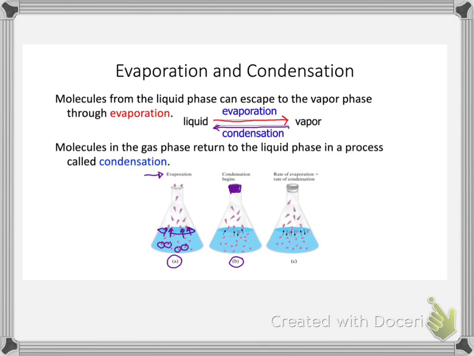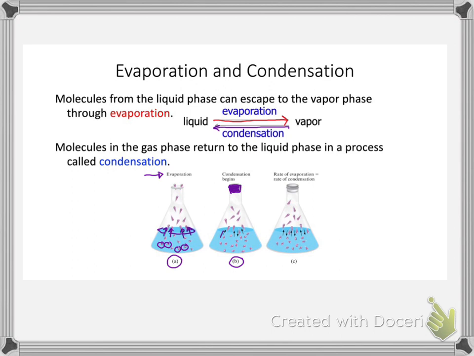But if it loses some energy, whether it collides with another molecule, whether it collides with the sides of the container, whether in its motion it simply goes right back down and hits the liquid, if that vapor loses energy, then it will go from a vapor back to the liquid, which is then called condensation.